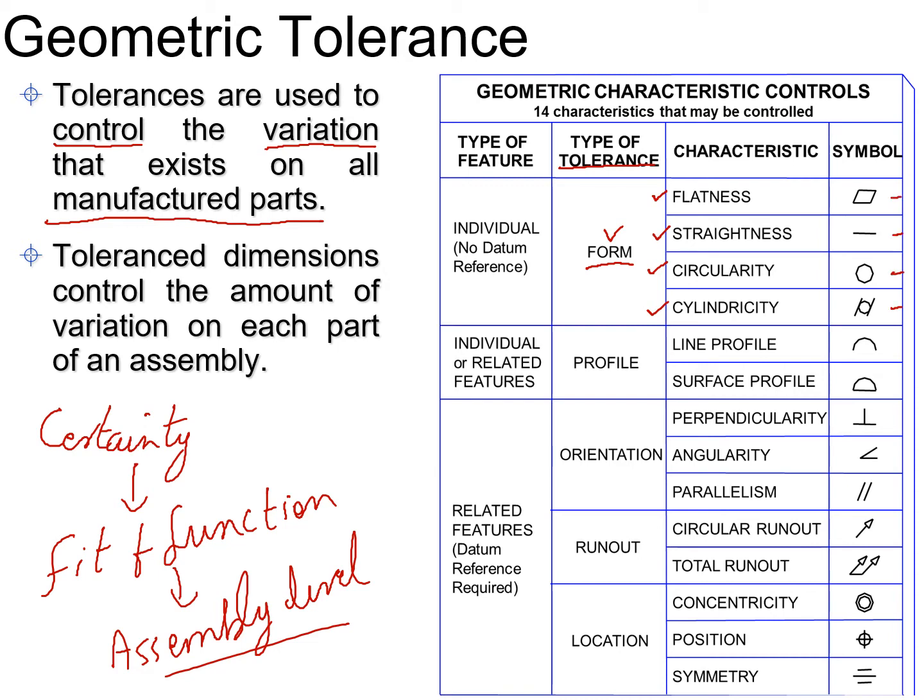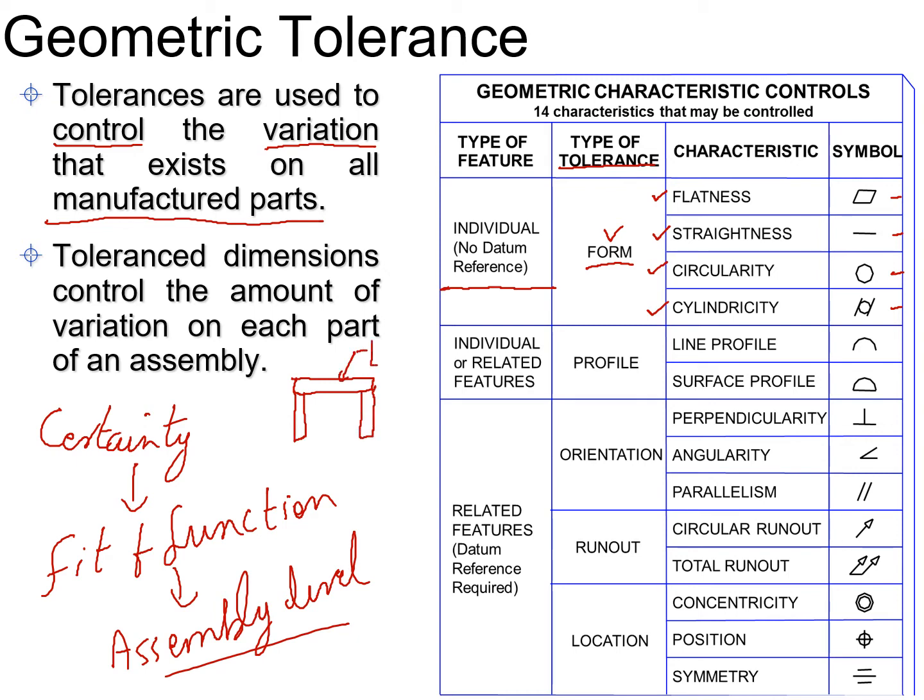Each one has a different symbol, and these types of tolerances do not require any reference, that is, we do not need to specify a tolerance by mentioning a reference. For example, the flatness that we saw in the previous slide, where we tried to control the flatness on the surface of that plate.